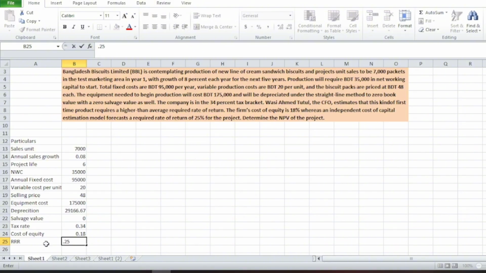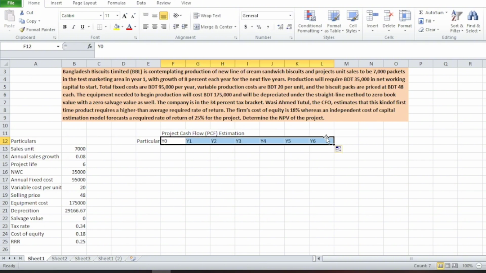We'll use it as it reflects the highest risk. So now we will write the project cash flow estimation, starting with particulars. Starting from year 0 to year 6. First we have the sales unit.